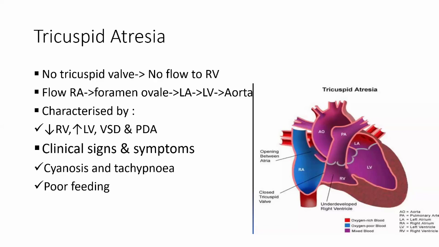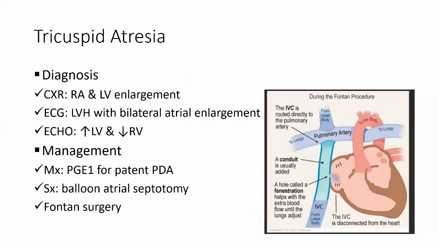In terms of clinical signs, they also have cyanosis, some tachycardia, and poor feeding. And then in terms of diagnosis and management, the pressures on the right atrium are usually elevated, and this causes enlargement of the right atrium on X-rays that we can see.